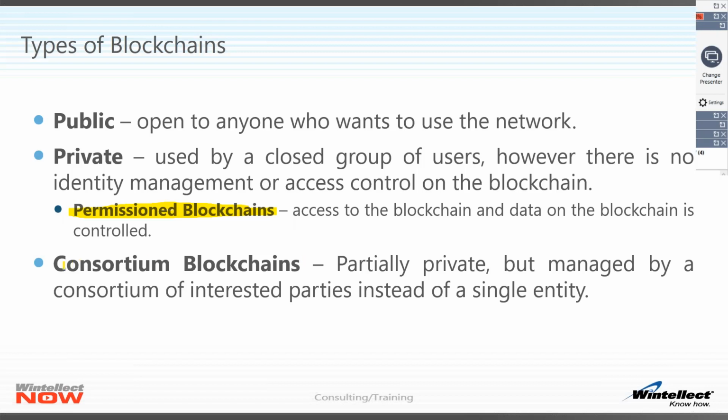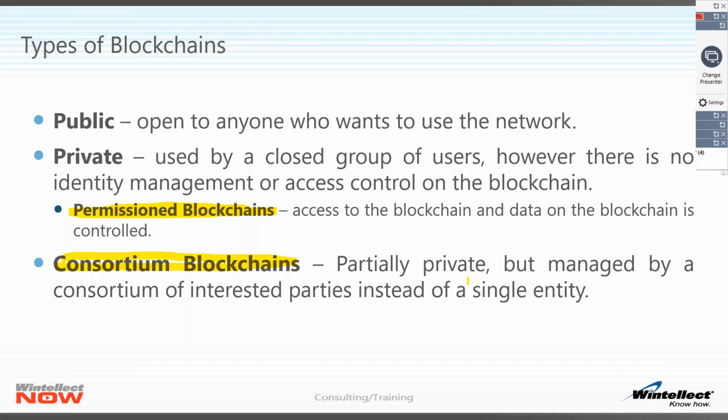And then there's something called consortium blockchains, and these are partially private blockchains that are managed by a consortium of interested parties rather than any single entity. These are kind of like a hybrid approach between a public and private blockchain, wherein the consortiums come together and create a blockchain, usually to manage some kind of industry vertical.